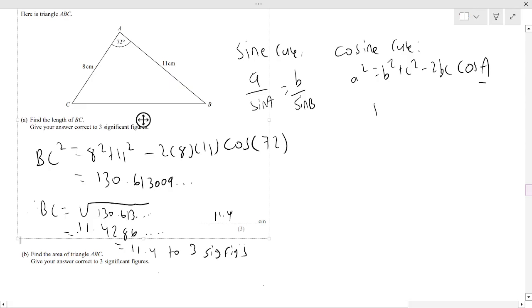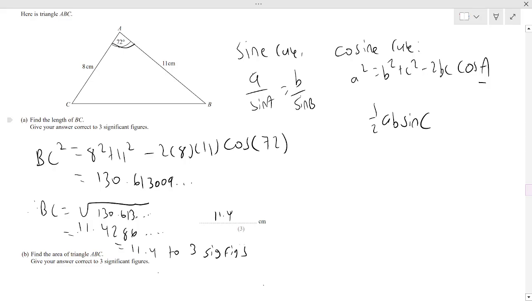Then it says for part B to find the area, and that's very simple. So you should know also half ab sine C is the area of a non-right angle triangle. So if you have an angle and the two sides next to it, that's the area, right? So that means the area is going to be a half times 8 times 11 times sine of 72.